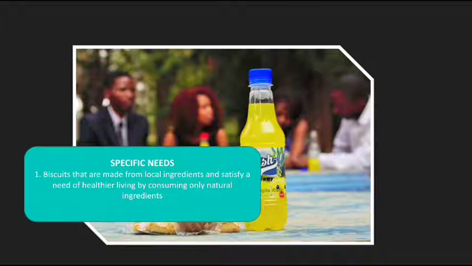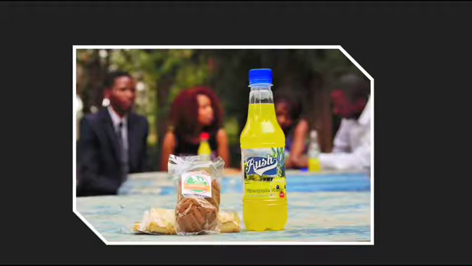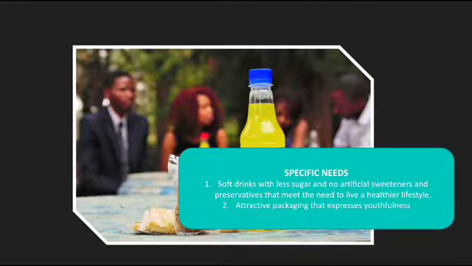They need something that satisfies the need for a healthier living. And then when it comes to the soft drinks, the specific need might be soft drinks with less sugar and no artificial sweeteners and preservatives. Soft drinks that meet the need to live a healthier lifestyle. So in both cases, the health aspect comes out.